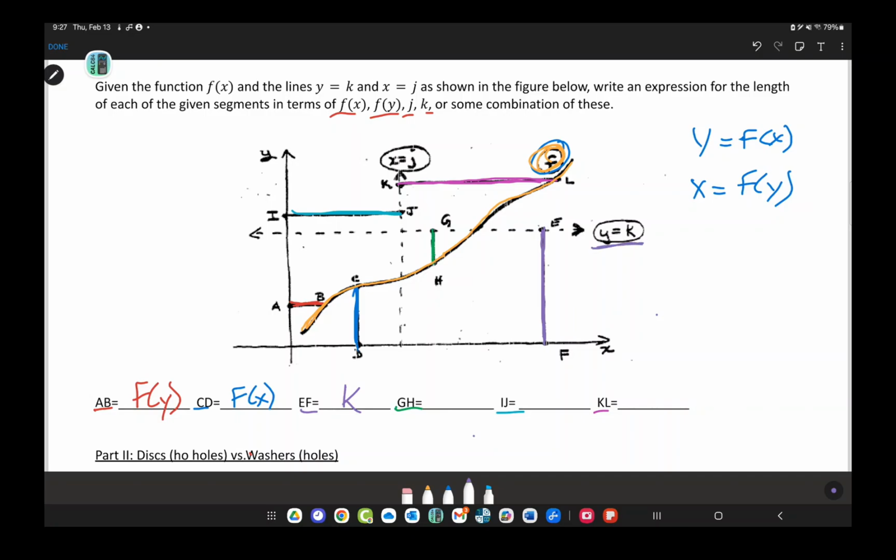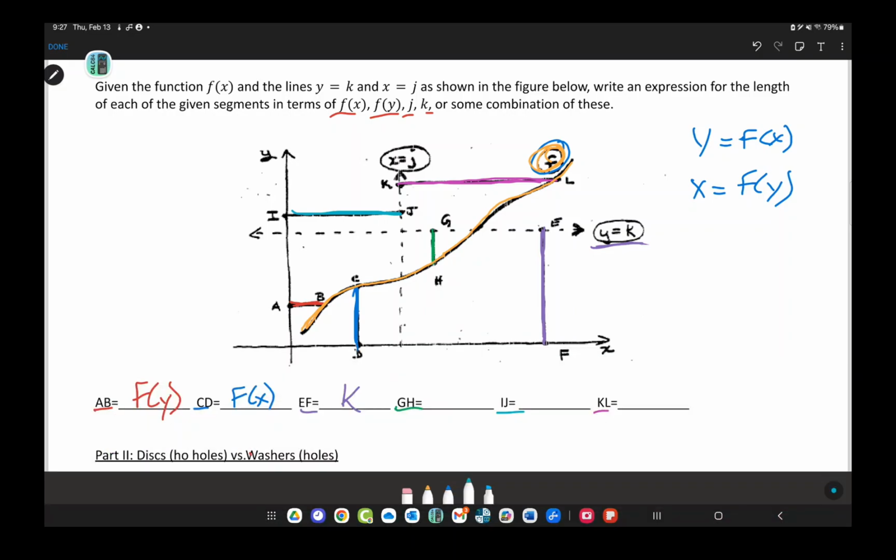That's the height of y. That makes sense because it's k minus 0. And then GH is k minus f of x.